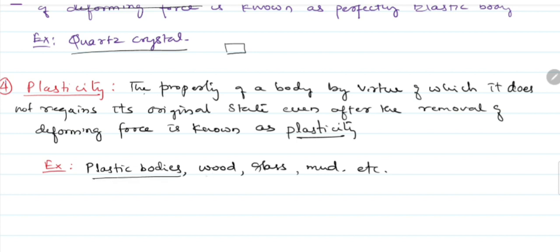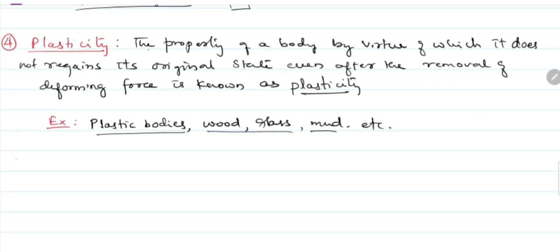Plastic bodies and wood, glass, mud, etc. Similarly, plastic bodies do not regain their original position after removal of the deforming force. And a perfectly plastic body does not regain a single unit after removal of that deforming force. Here the example is mud for perfectly plastic bodies.